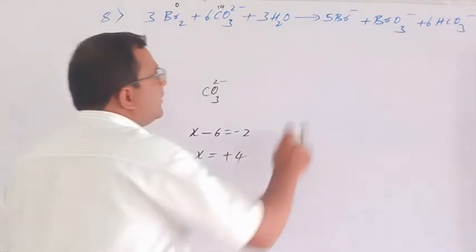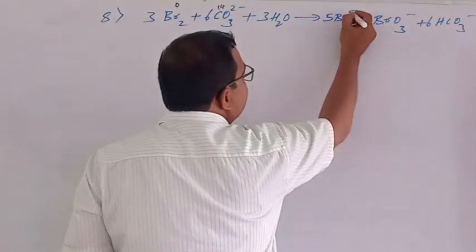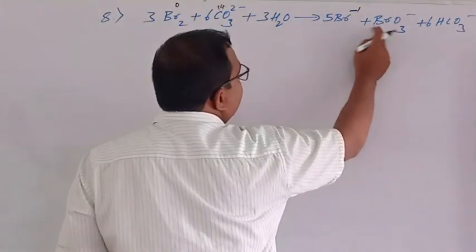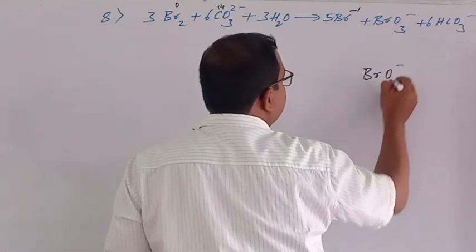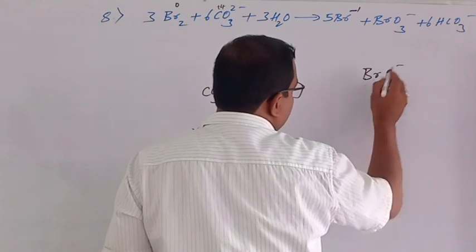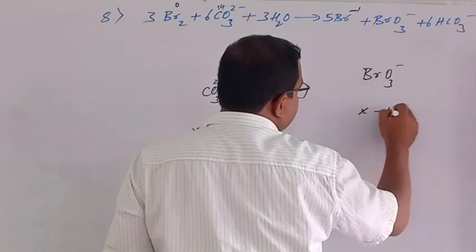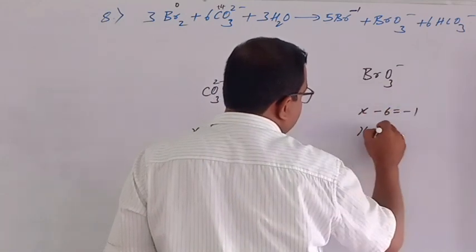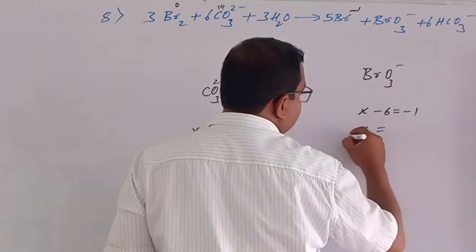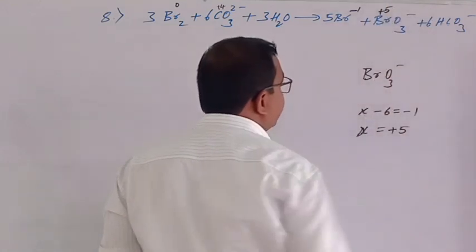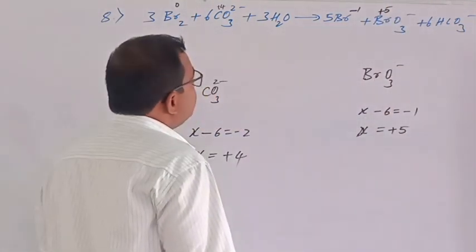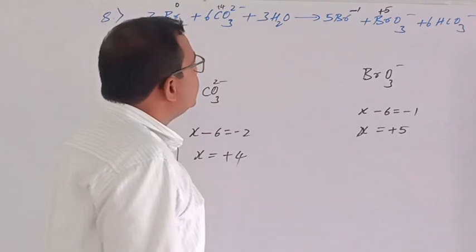Water we don't need. For bromate, BrO3 minus, let bromine be x: x minus 6 is equal to minus 1, so x is equal to plus 5. The charge of bromine is plus 5.